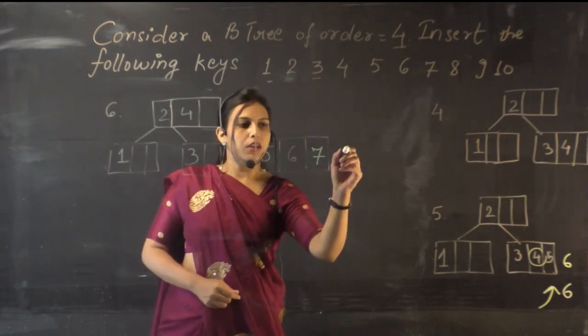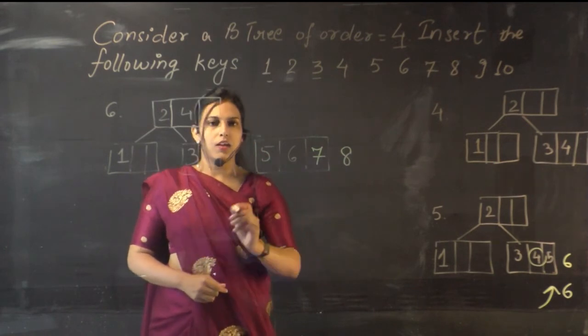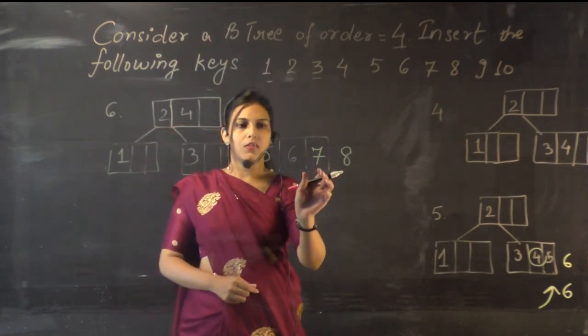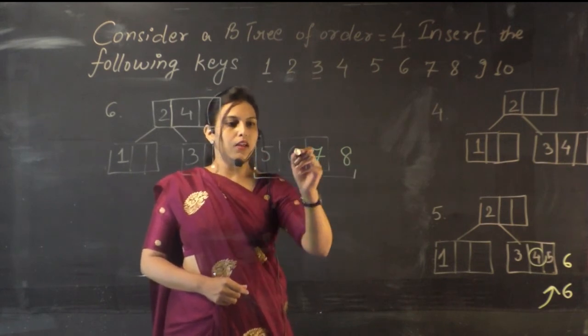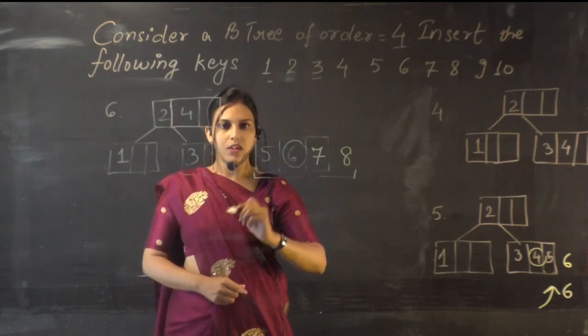So 8 will come here, but again you see we can accommodate only 3 key values. So again we will find out the median for this array. So the median for this array will be 6.